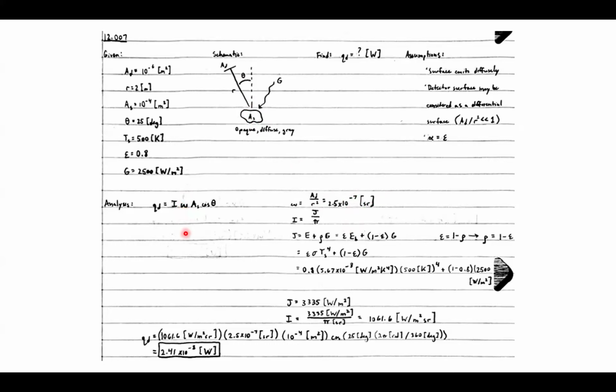Since we're given epsilon, we'll use that instead. And so epsilon is equal to 1 minus rho. That means that rho, our reflectivity, is equal to 1 minus epsilon. And we can solve for that because we're given our emissivity. So plugging all that into this equation right here, we get that our total radiosity is equal to 3.335 kilowatts per square meter.